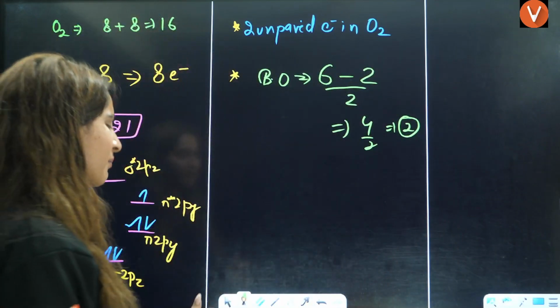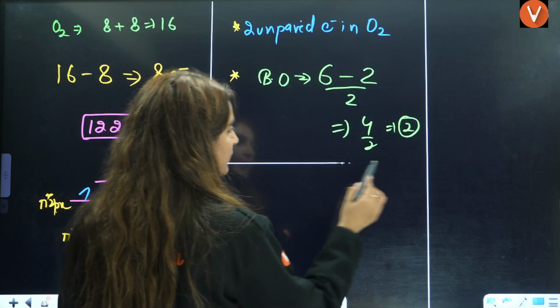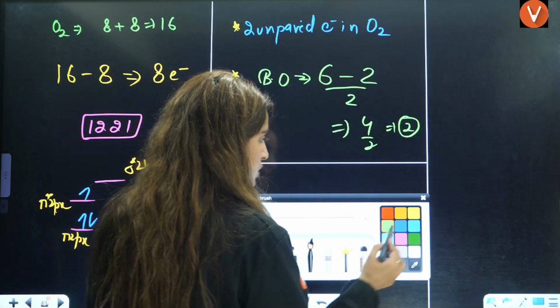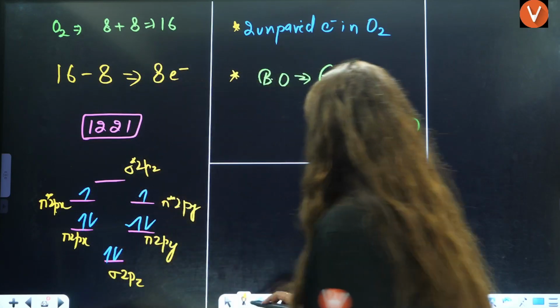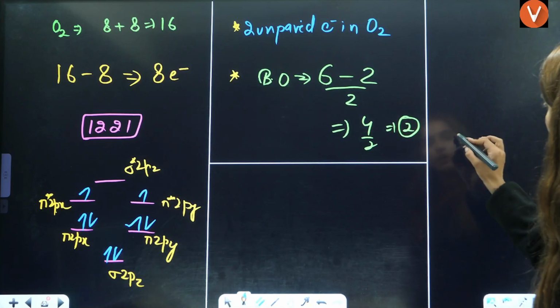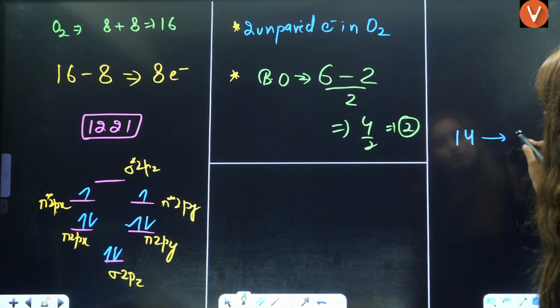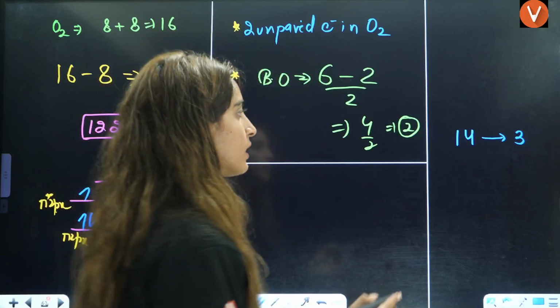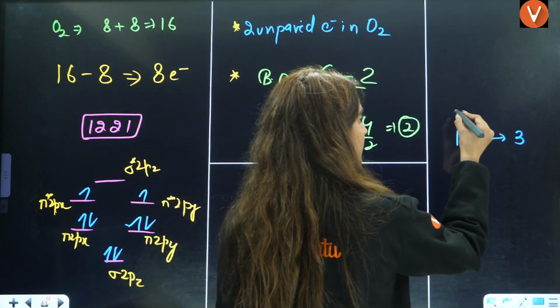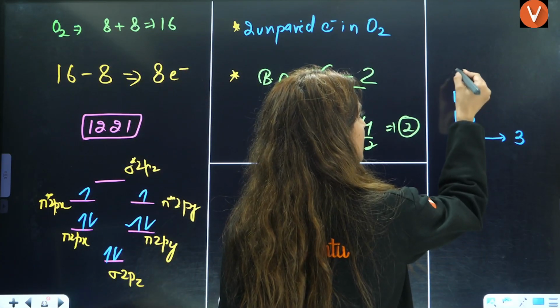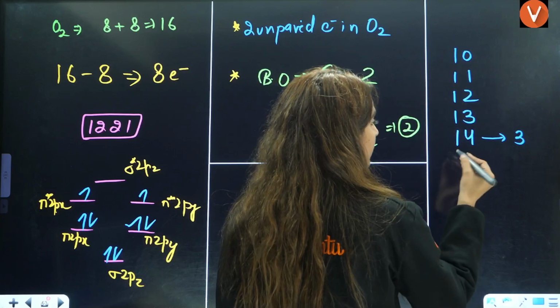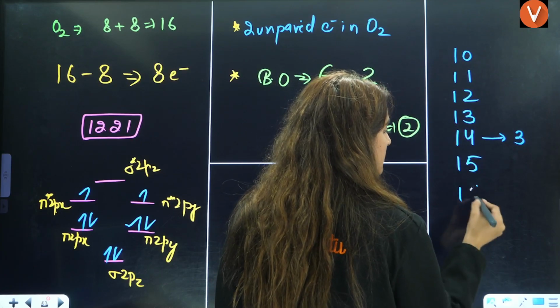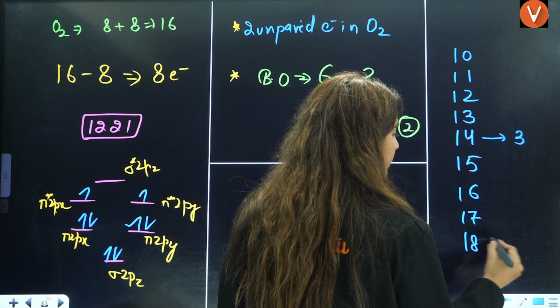Now, do we have an even simpler method here? Yes. What is that even simpler method? Remember, if you have 14 electrons, the bond order is 3. That's it. When it is decreasing, it is 13, 12, 11, 10. It is increasing, 15, 16, 17, 18.